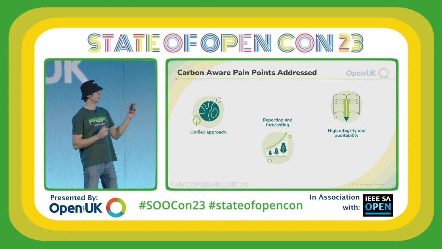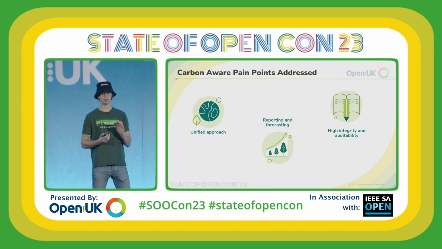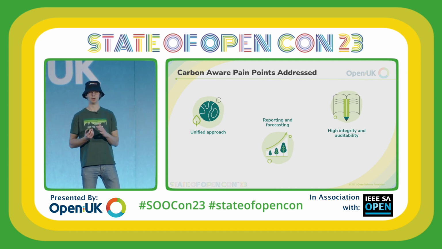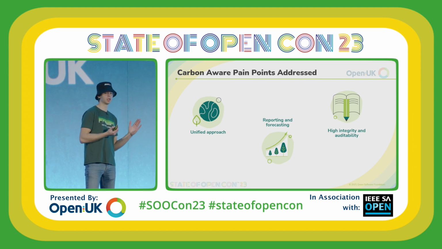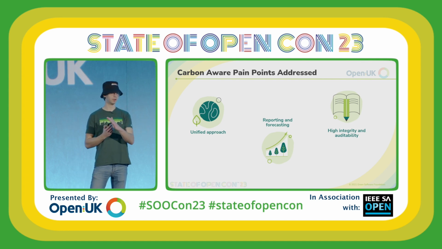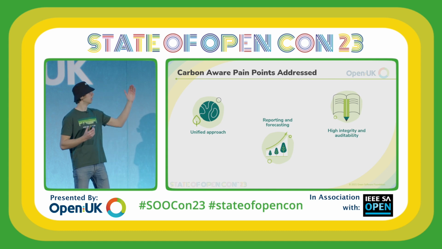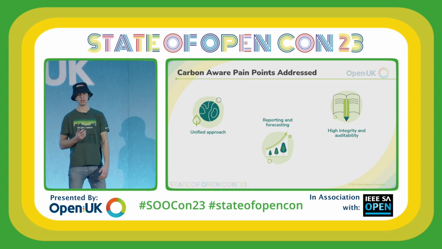The next thing is reporting and forecasting. So we are able to forecast our decisions in the future and how our deployment might do by looking at future data, how the carbon intensity might change over time, and decide if we want to move this around or not. And the last one is high integrity and auditability.